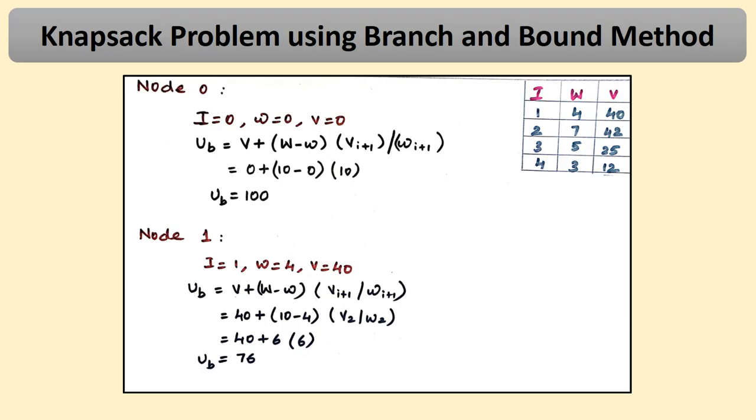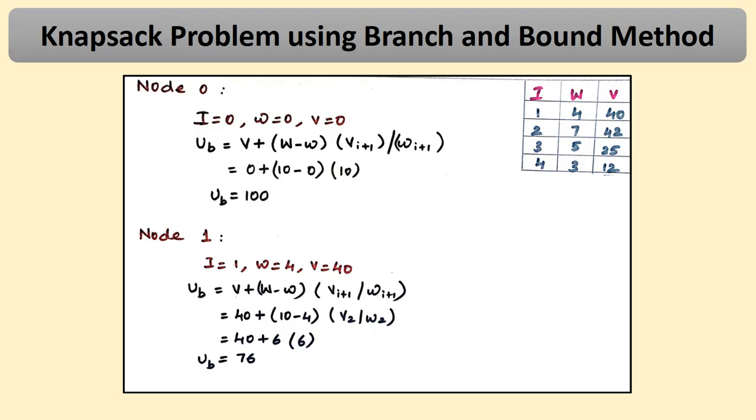Okay, so now you can calculate node 1 also in the same way. If you see the table, for node 1, that is for item number 1, what is the corresponding weight? It is 4 and the value is 40. Now you have to substitute the same: 40 plus total weight 10 minus individual weight 4, into V2 by W2. What is V2?